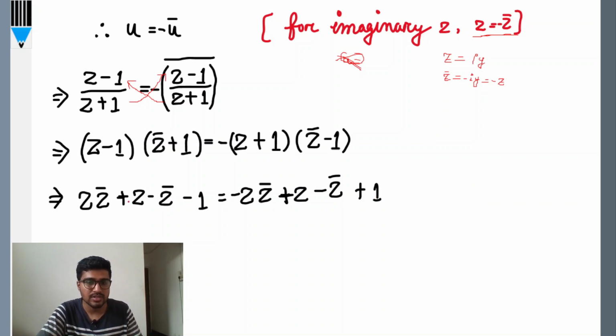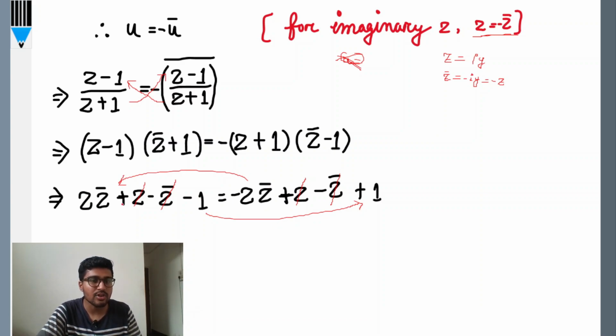So this is the final expression. Here we can clearly see we can cancel z, which has plus on both sides, and z bar, which has minus on both sides. The remaining terms we add by taking them to the left and right hand sides. So 2z z bar will be equal to 2.